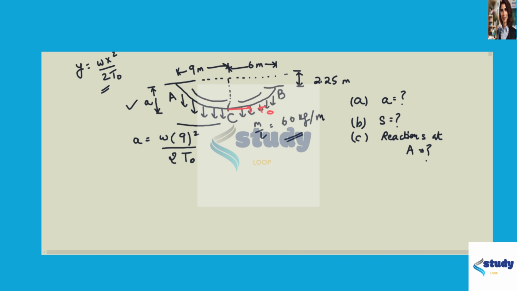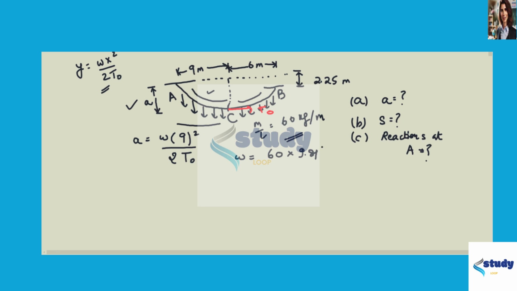W in our case is the weight per unit length, which is 60 kilograms per meter times 9.81 meters per second square, the acceleration due to gravity, in Newtons per meter.